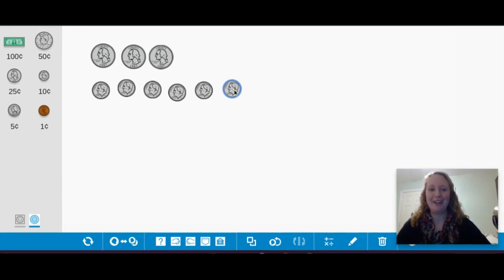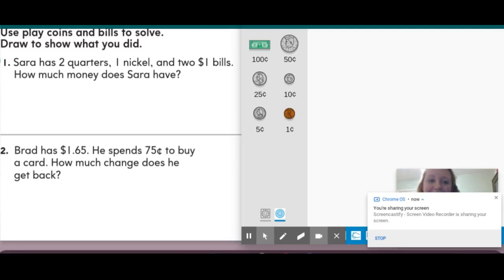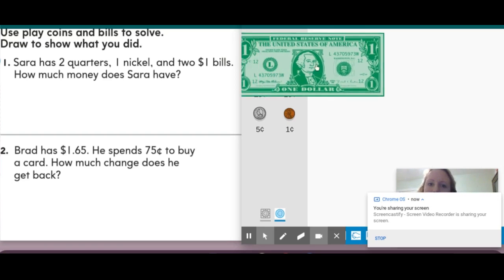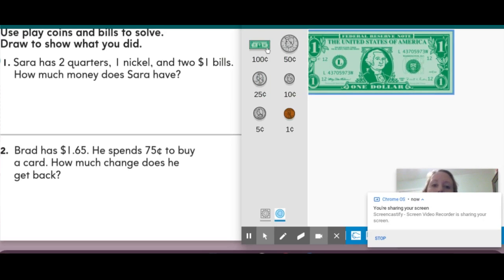All right, last 2 problems. Number 1, Sarah has 2 quarters, 1 nickel, and 2 $1 bills. How much money does Sarah have? Let's start with our greatest amount. $1 and $2.